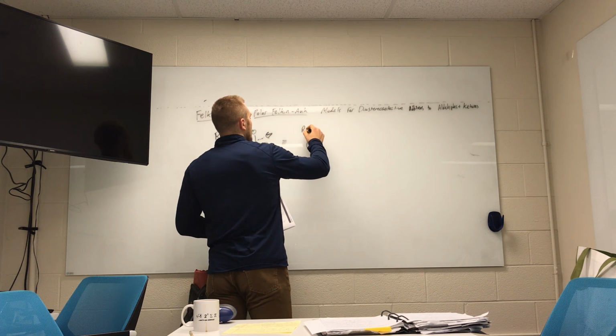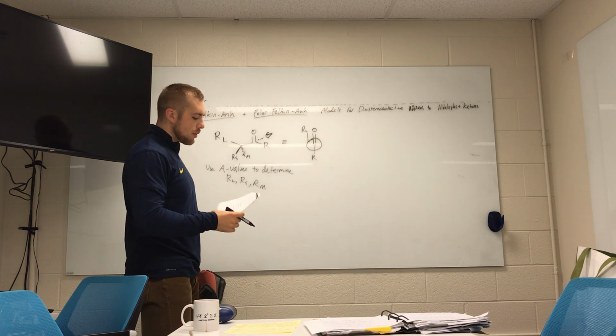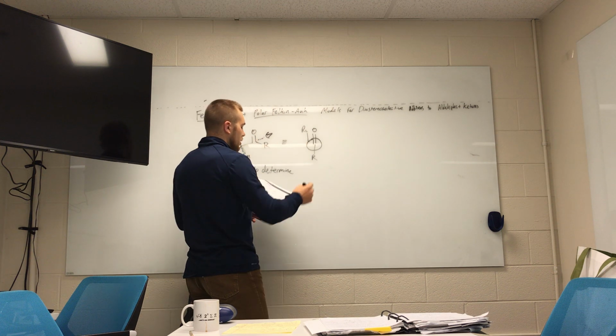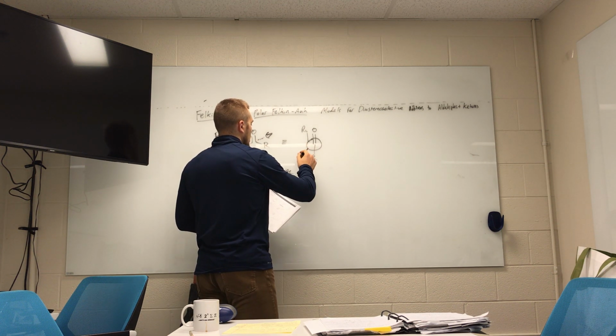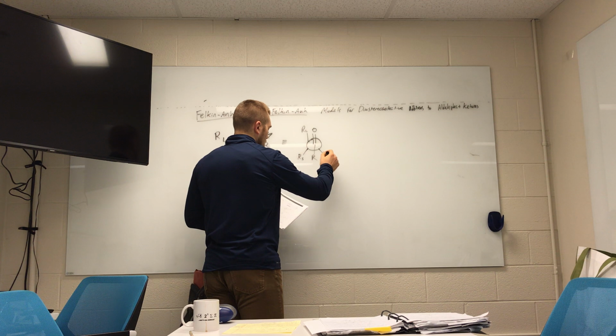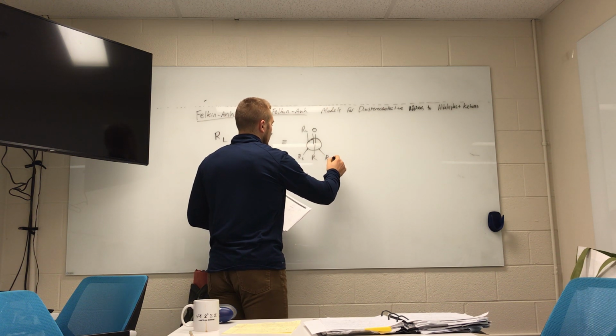As given in the starting material, we have RL eclipsing our carbonyl, our RS will be down here, our RM will be down here.